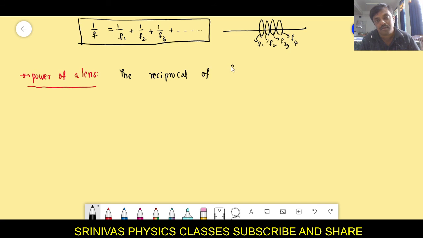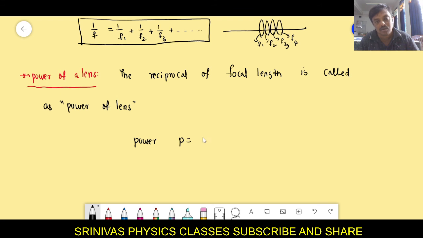The reciprocal of focal length is called as power of lens. Then the power formula is P is equal to 1 by F. But there is a condition that F must be in the meters.